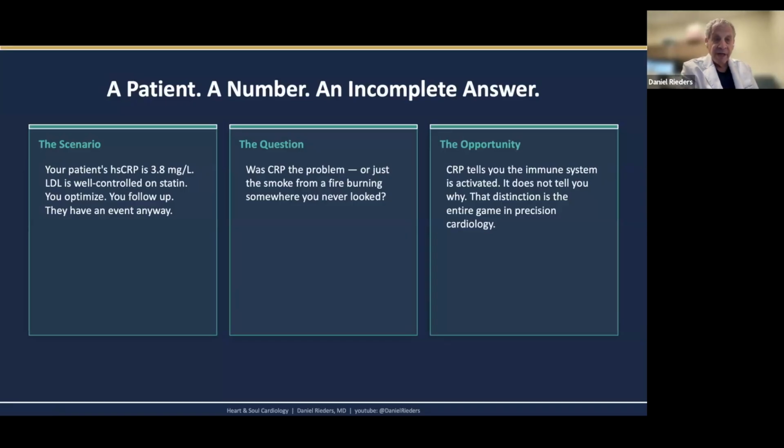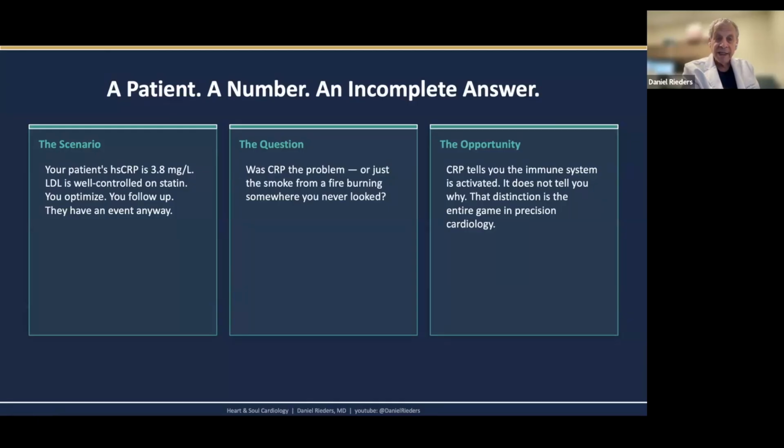So as an example, if you have a patient with an elevated HSCRP of 3.8, which is greater than 1 and greater than 2, and in ill patients, we like to get under 0.5, and their cholesterol LDL calculated, which is the common test we measure, is controlled on a statin drug, what's the follow-up?